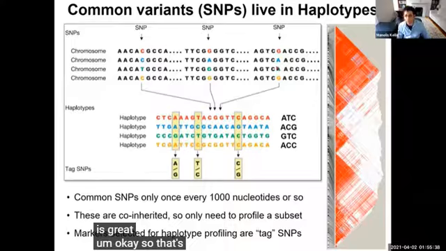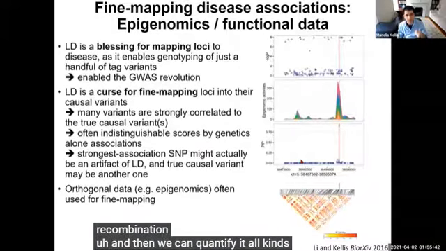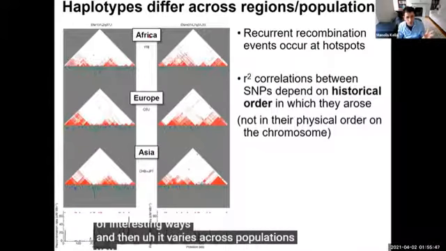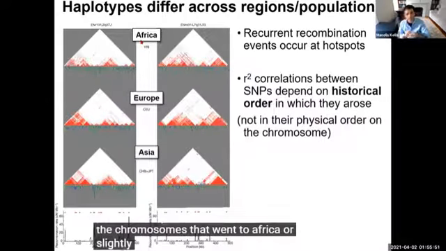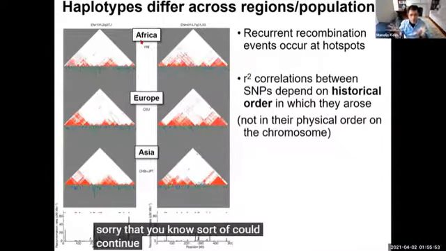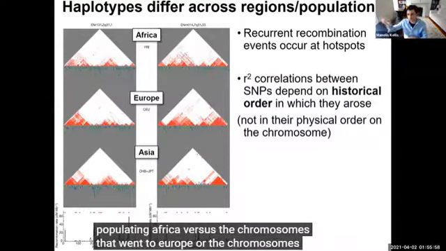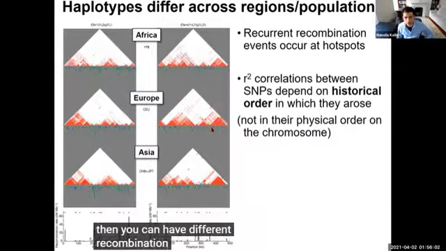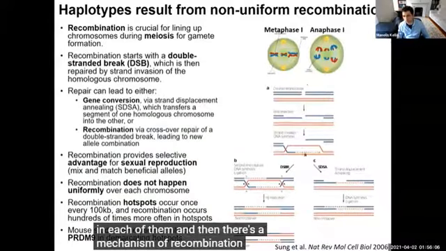Okay, so that's basically recombination, and then we can quantify it all kinds of interesting ways. And then it varies across populations. You know, the chromosomes that went to Africa are slightly different, sorry, that sort of continued populating Africa, versus the chromosomes that went to Europe or the chromosomes that went to Asia are very different from each other. And then you can have different recombination hotspots in each of them. And then there's a mechanism of recombination that leads to these hotspots.